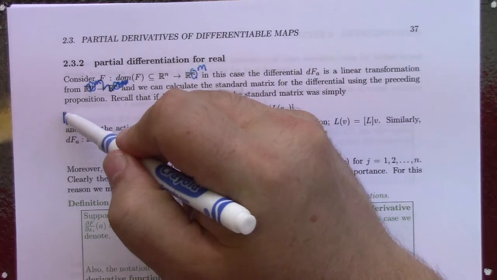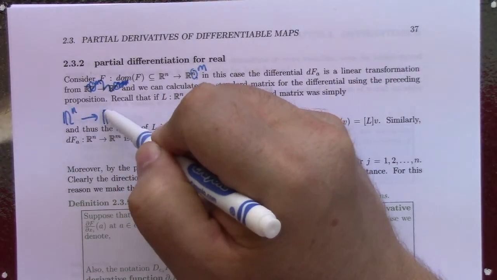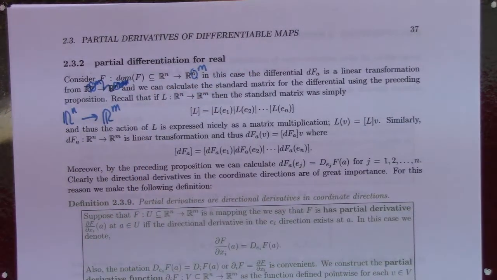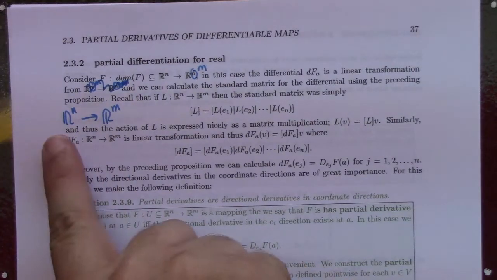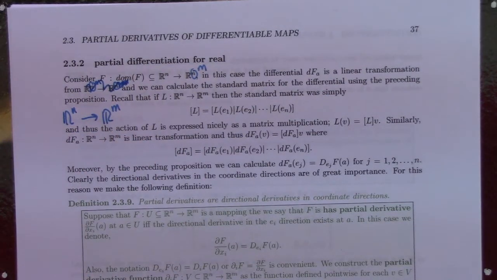So it's from Rn to Rm. If we do that, the matrix of a linear transformation will be M by N. That's why I put the M in the range, and the N in the domain. It's just to get an M by N matrix, if you want to know the reason for the positioning of the letters. It's just sort of customary.